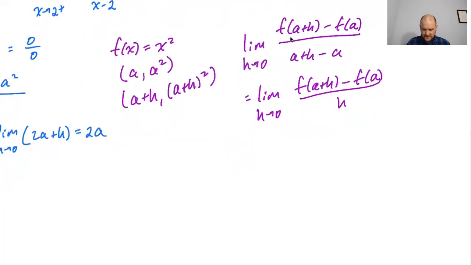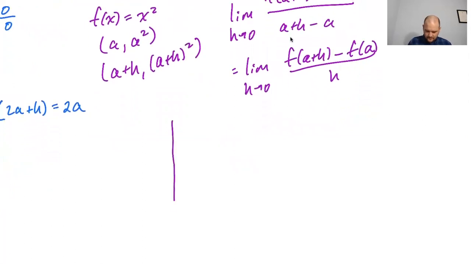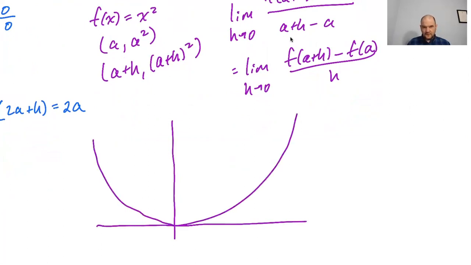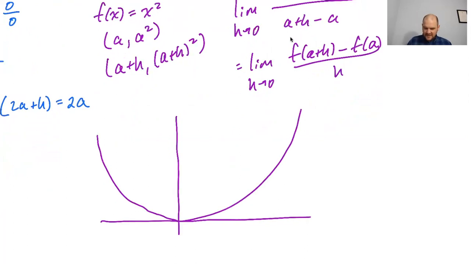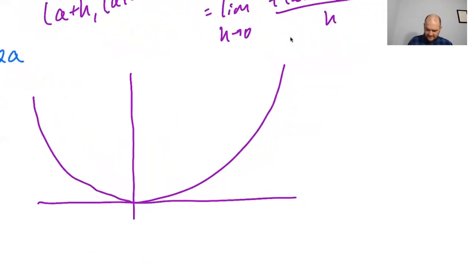So what are we doing here? Think about it. We have this function, y equals x squared, which is hard to draw. Let's pretend that's perfectly symmetric. And then we have a point. I'm going to change colors. Let's say that this is a. So then this height will be f of a.